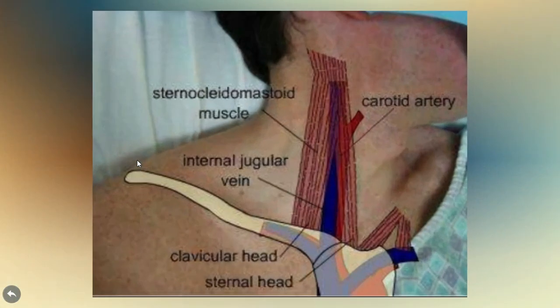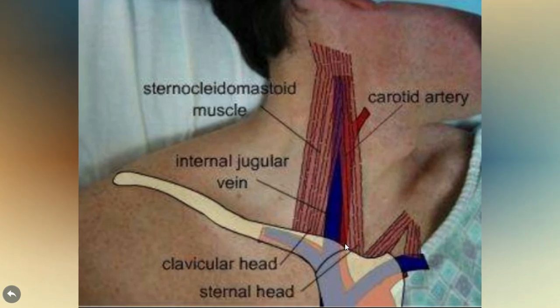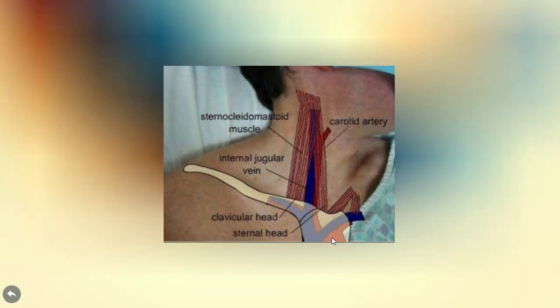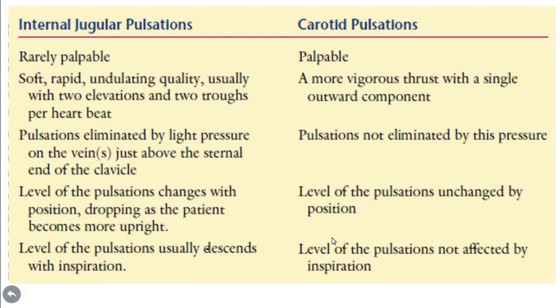The IJ pulsation can be obliterated by pressure, while for the carotid artery the pulsations are not eliminated by pressure. How about change with position? The IJ can change with position while the carotid does not.